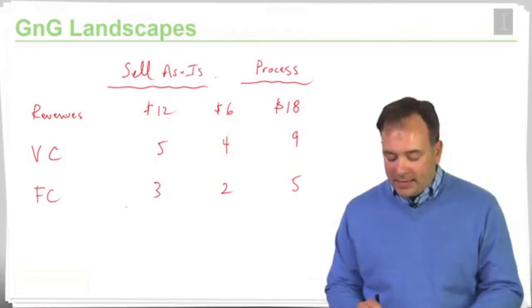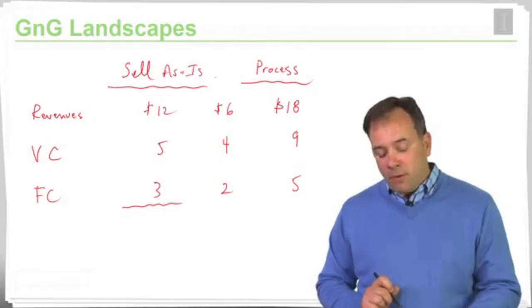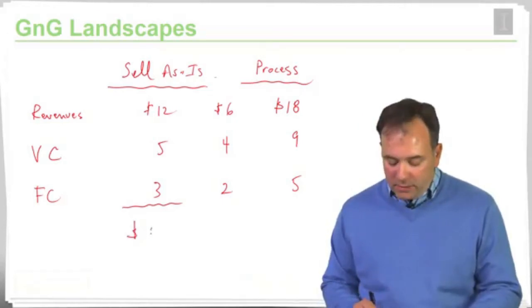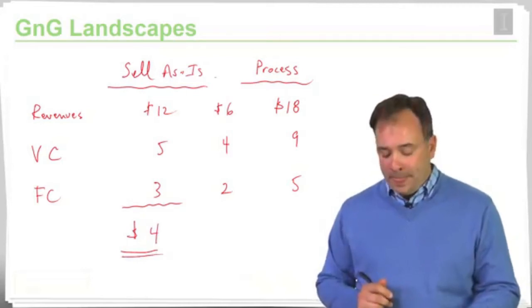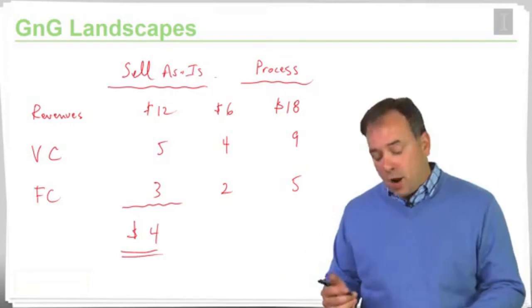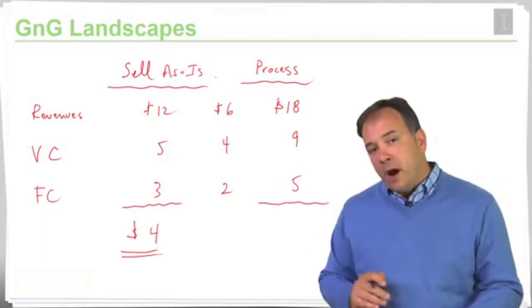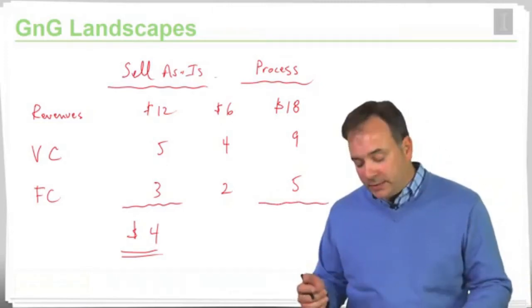So selling as is yields a profit number of $12 in revenue minus $5 in variable costs minus $3 in fixed costs, and that amounts to $4 per dozen or per unit. That's the profitability we get by selling the roses as they are now. If we were to process them further, our revenue and our variable costs and our fixed costs all increase.